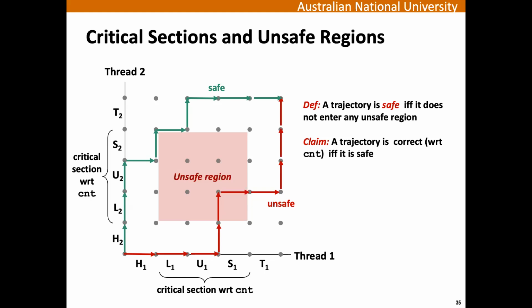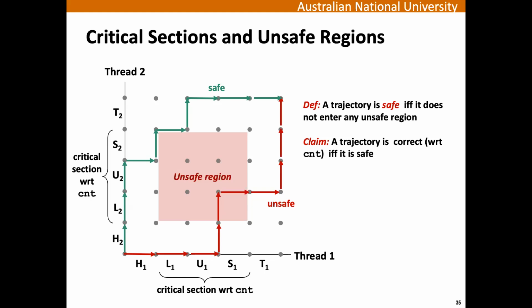You could have any interleaving of instructions from the critical section of two threads. But a trajectory would lead to correct output if it is safe. And a safe trajectory is one that does not enter the unsafe region. As long as you sort of skirt the boundary of this unsafe region, that's all right.